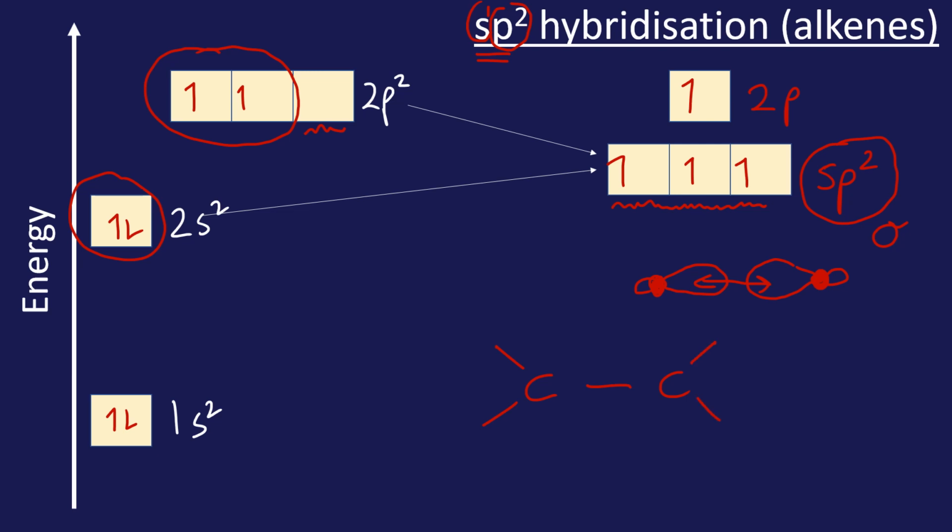So we've got 3 sigma bonds on each carbon. The bond angle this time for those 3 is now 120 degrees. So the bond angle is different in an alkene. And the shape is classed as trigonal planar. Again, that's just recalling facts from back into your first year chemistry topics. So it's a different shape.